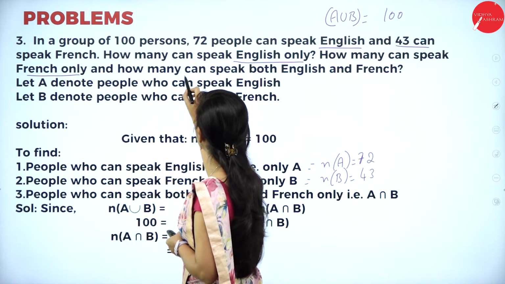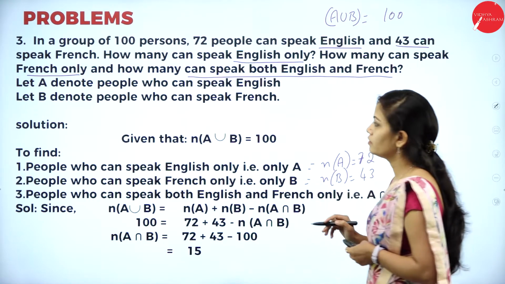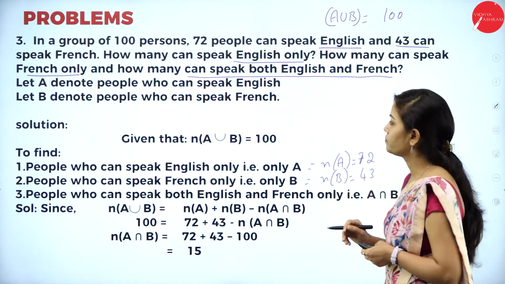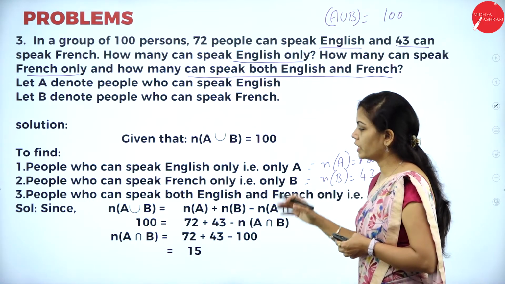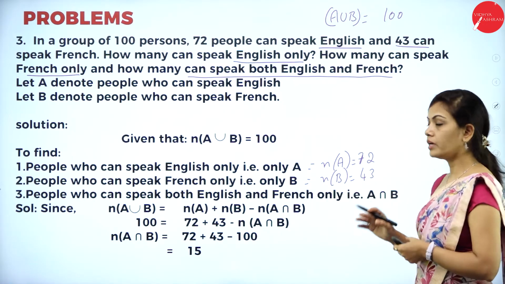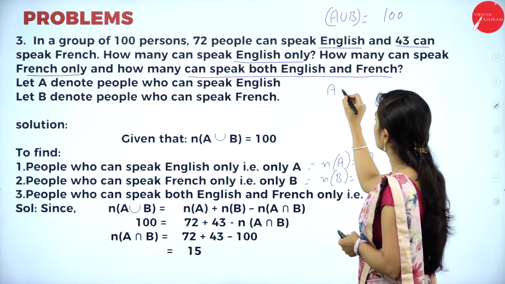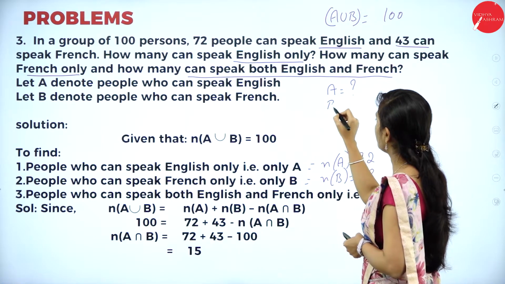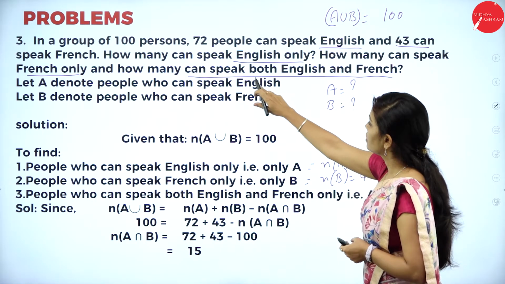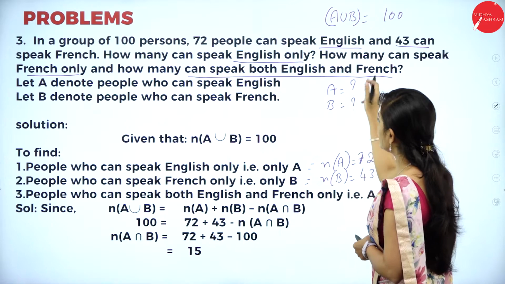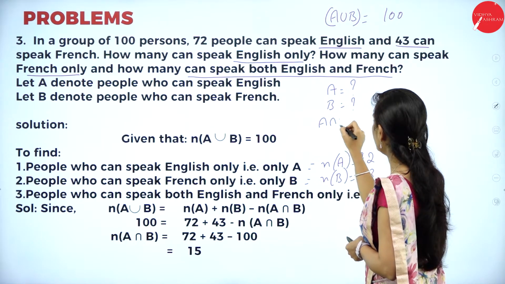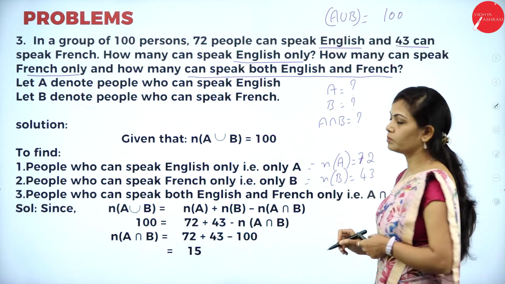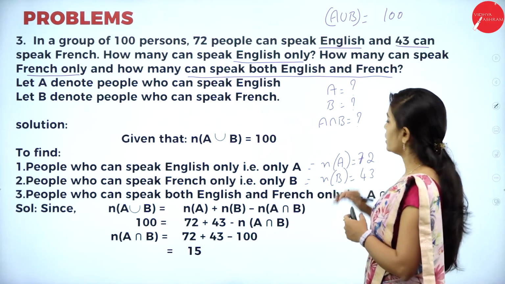And how many can speak both English and French? You have three questions here. So how will you find it using the Venn diagram? Here you have to find A is equal to how much, B is equal to how much, and how many can speak both English and French. So A intersection B is equal to how much?